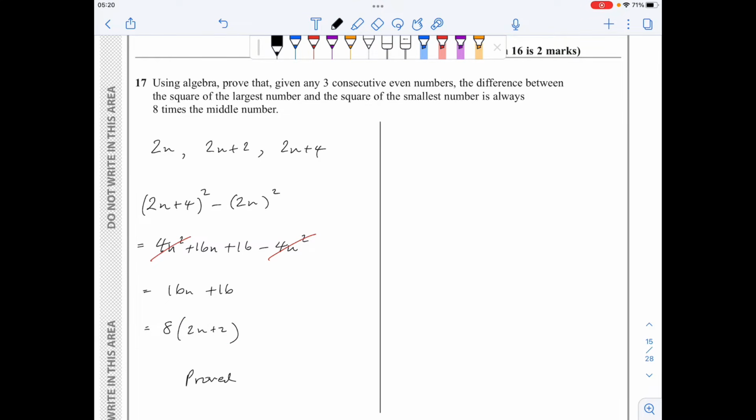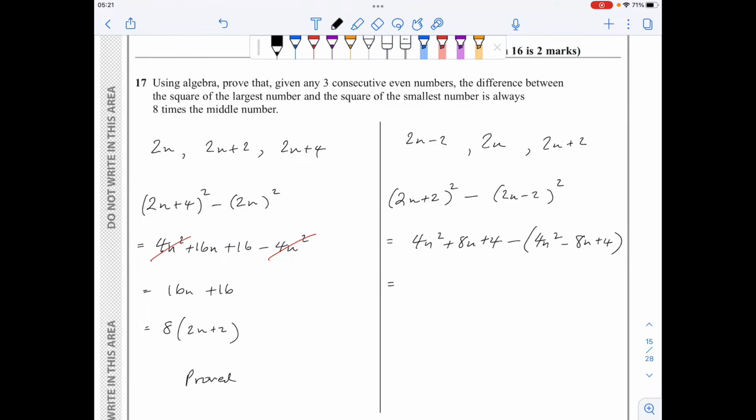Now, alternatively, you can let 2n be the middle number, so the previous one would be 2n minus 2, and the next one 2n plus 2. So again, the largest one, 2n plus 2 squared minus the smallest, 2n minus 2 squared, will give me the following: 4n squared plus 8n plus 4 minus, and then I'm going to have a bracket because of that minus, 4n squared minus 8n plus 4.